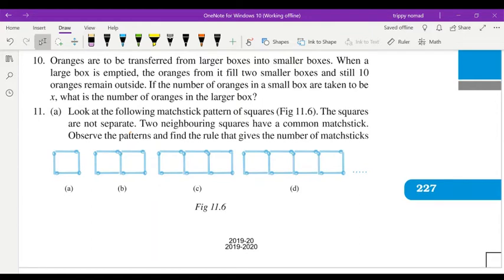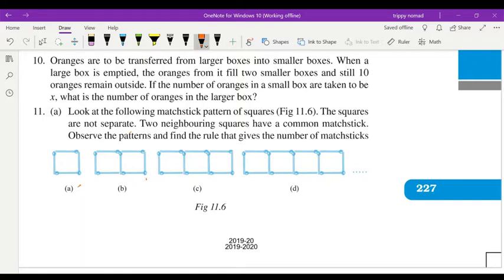First of all, children, in the first figure there are 1, 2, 3, 4 matchsticks. Then there are 2 boxes. Then in total there are 1, 2, 3, 4, 5, 6.